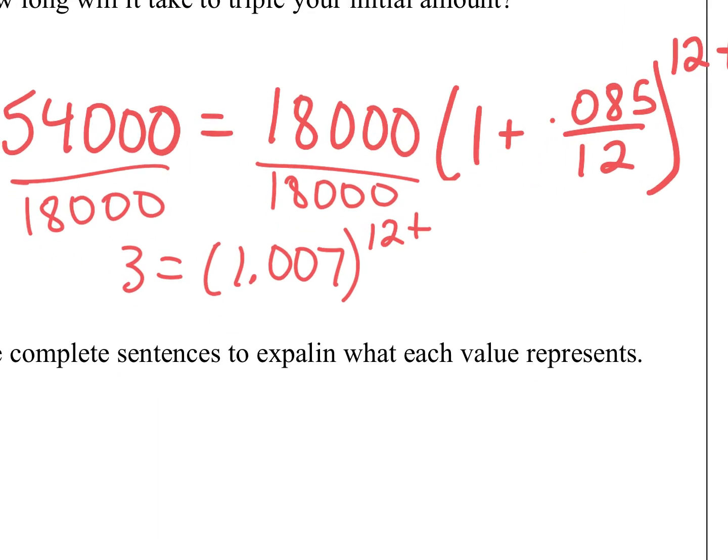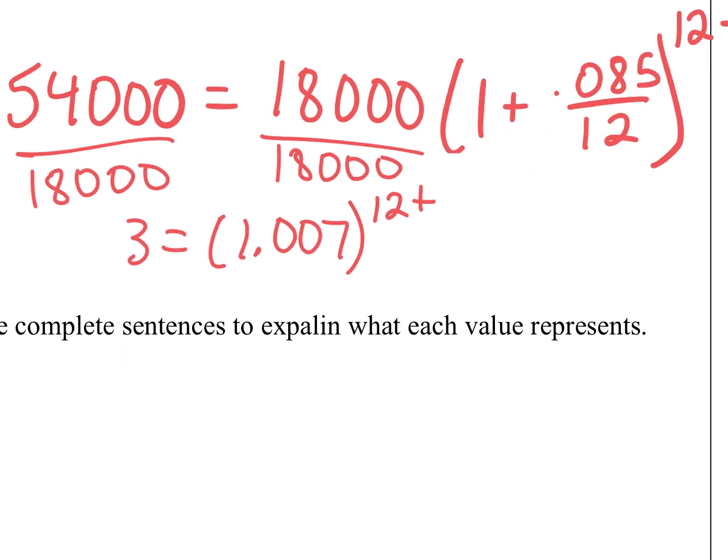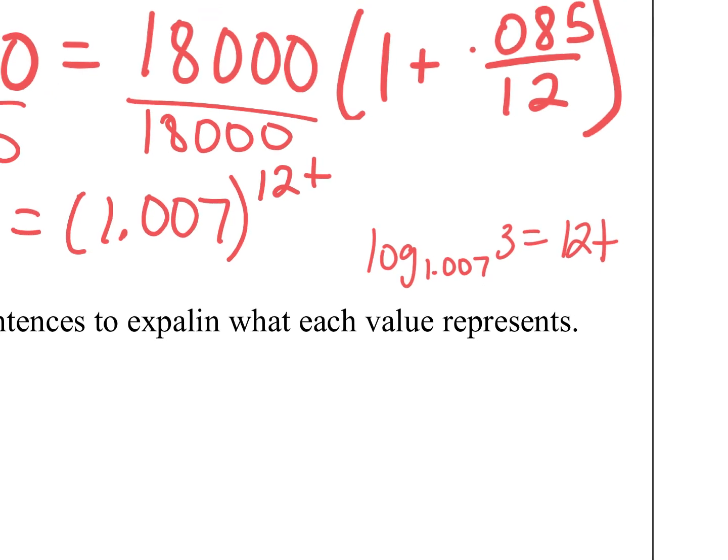Okay. So now we have our base with its exponent on one side, nothing else hanging out. So we can set up a log. Log base what? Of 3 equals 12t. Cool. Can I type this left side in my calculator? How?